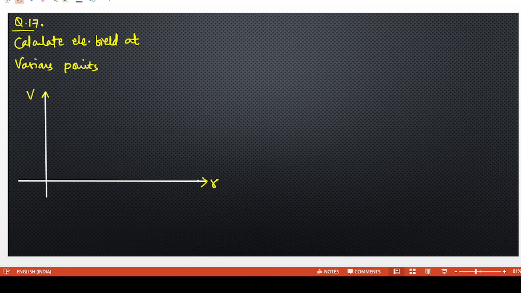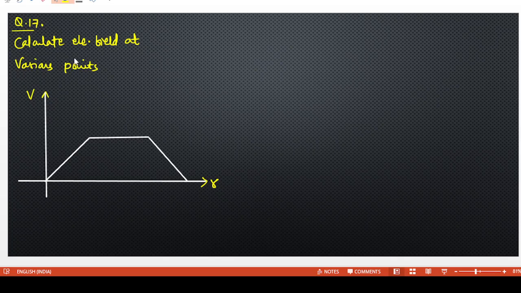A position is taken as letter R. So the variation of the potential is given like this. First it goes on increasing, then the potential remains constant, and then again it goes on decreasing like this. This is the variation of potential.